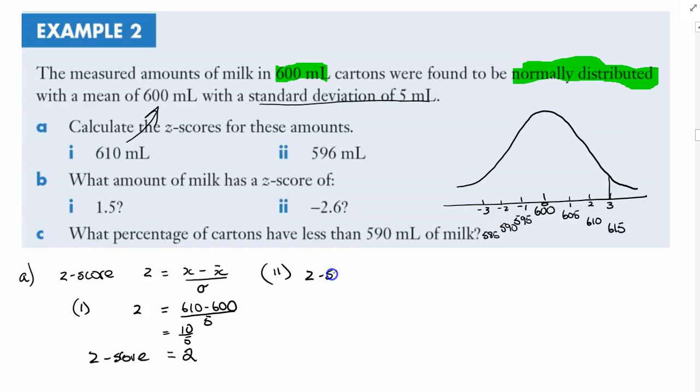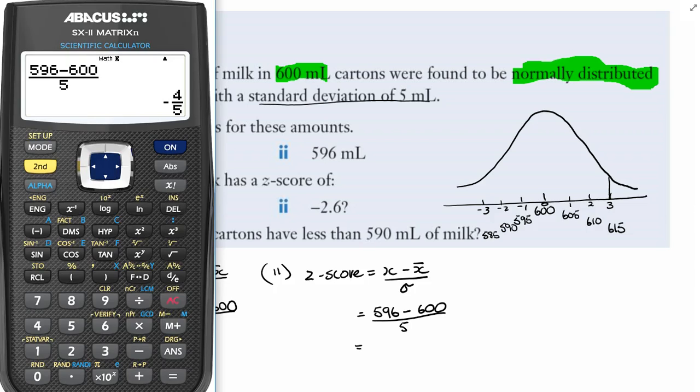Let's write the formula, or please write the formula, which is the score minus the mean all over the standard deviation. The score in this case is 596, take away 600. When we do that calculation, we're going to get a negative, and the standard deviation is 5.